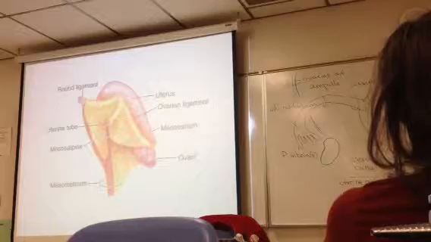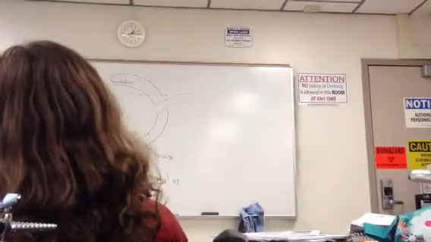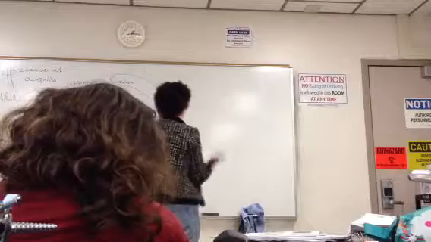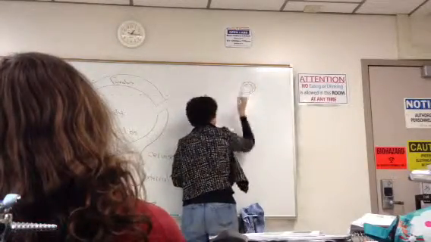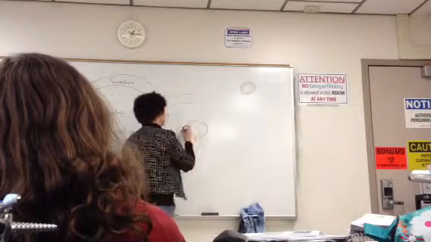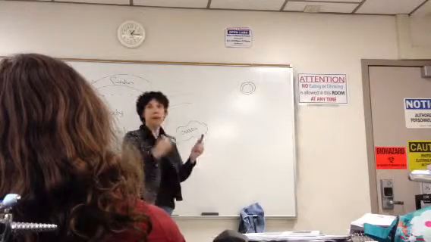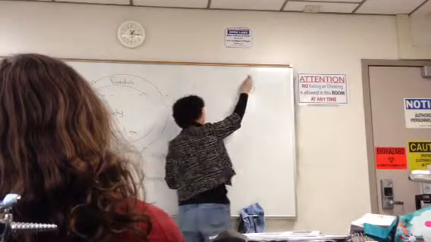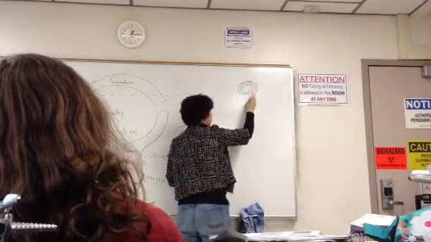Okay? So, here's the oviduct. Over here's the ovary. The peritoneum draped around the oviduct and then coming down as a double layer.